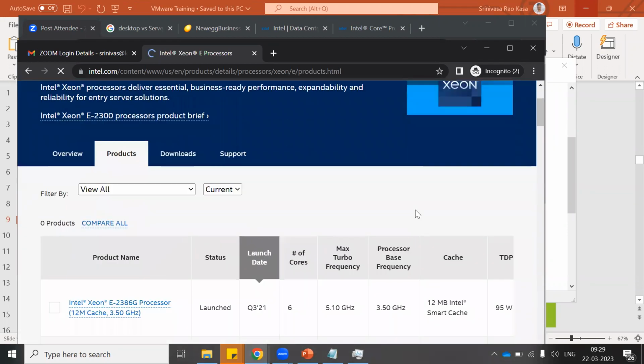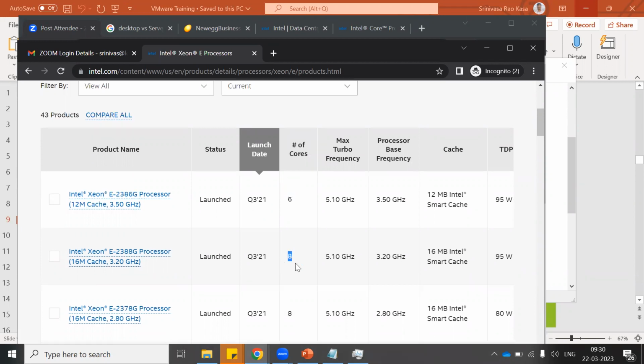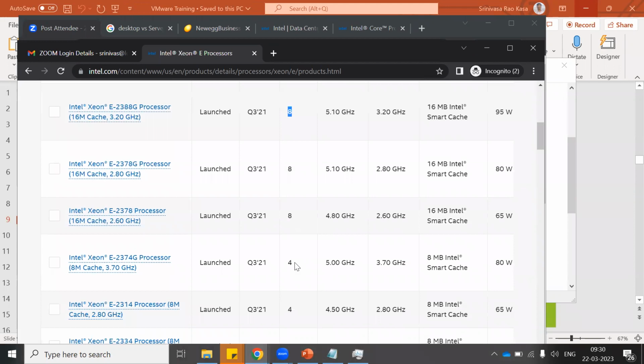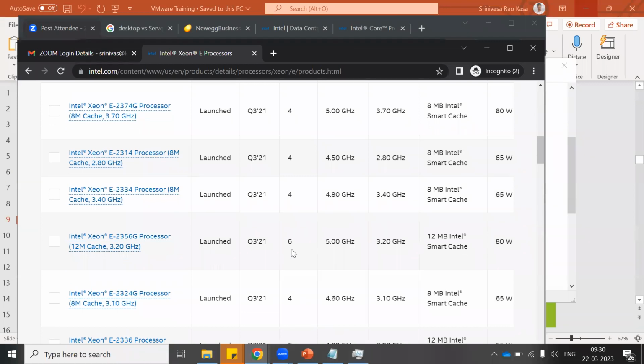See here, this is a processor. What is the number of cores here? See here, 6 cores and 8 cores. In server processor hardware, even one physical chip can support more than 40 logical cores.